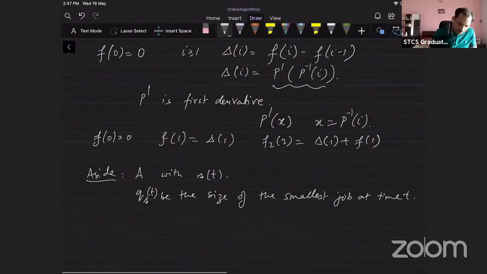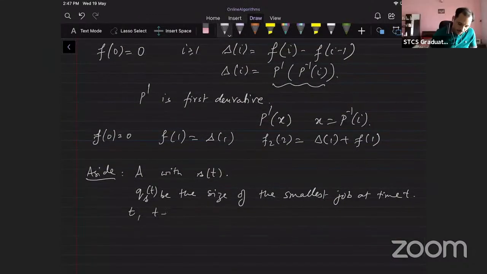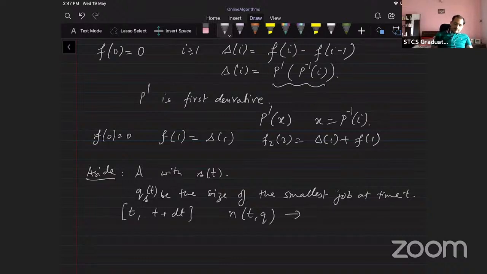Then between time t and t plus dt, what happens to n of t comma q? This is a function defined for all q. Just tell me for which q it gets affected and by how much. Just to remind you, n of t comma q is the number of jobs with size at least q.